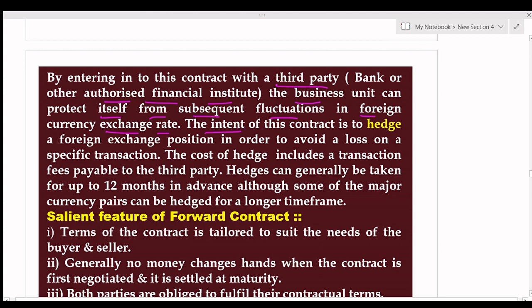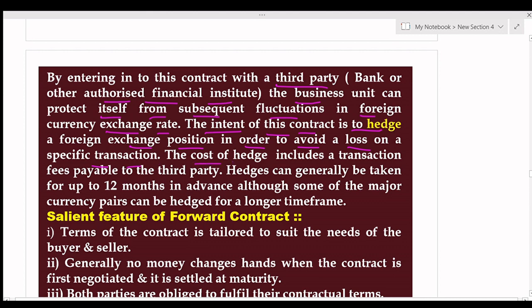The intent of this contract is to hedge, that is, to reduce the risk element of a foreign exchange position, in order to avoid a loss on a specific transaction.